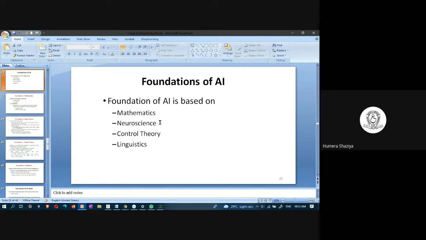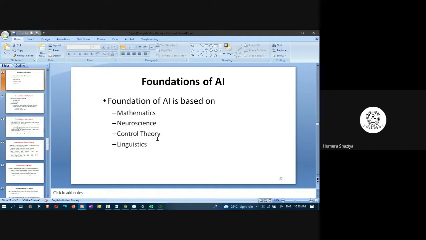Neuroscience helps to understand the human mind. When you understand the human mind, you can implement it in the form of AI. Therefore, neuroscience is also a very important area that is working with AI. Control theory, because we develop robots which are AI machines.